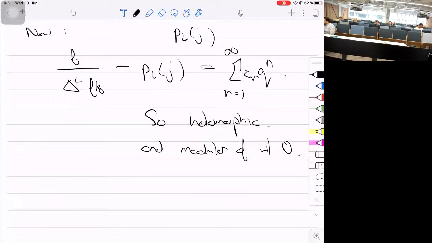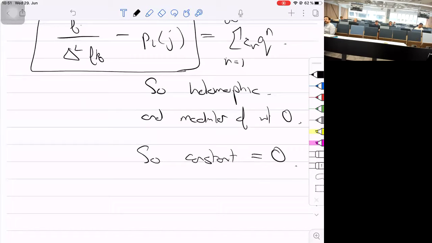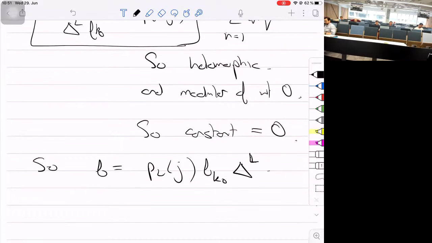So this entire thing is constant, and the constant is 0, it is equal to 0. So we've written F as some polynomial in J, times this simultaneous eigenform bit, and this discriminant function to the power L. So now it all works.